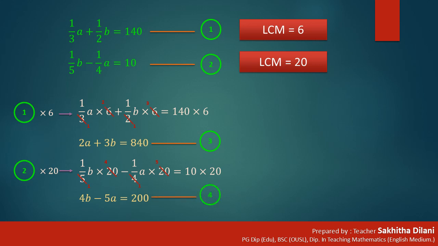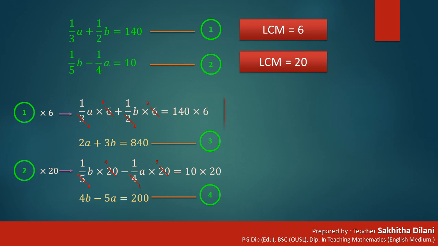Now, in these two equations, third and fourth, you can see that the coefficients of a are not equal, as well as the coefficients of b also are not equal. So, you have to make the coefficients equal to find the values of a and b.